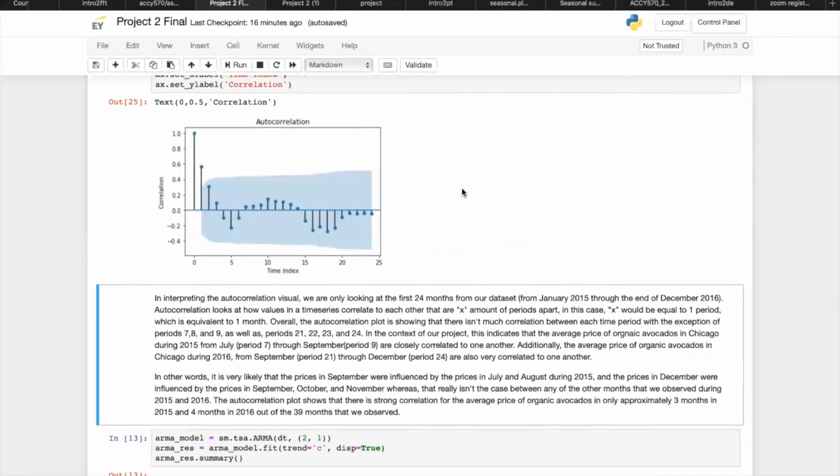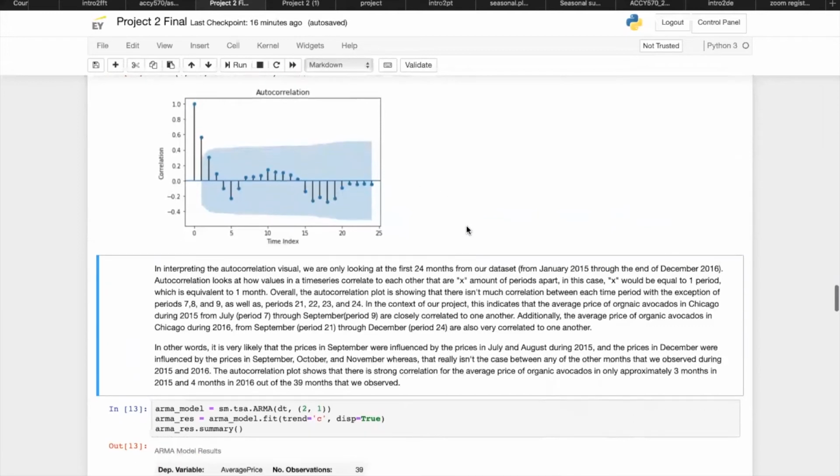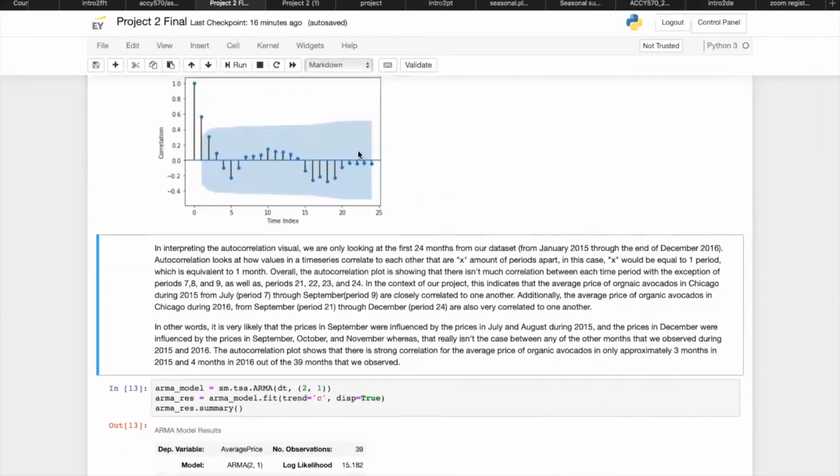Overall, looking holistically, there isn't much correlation between the prices, but there is an exception in the first year, periods 7, 8, and 9, so that's July, August, and September. These prices are strongly correlated with each other.